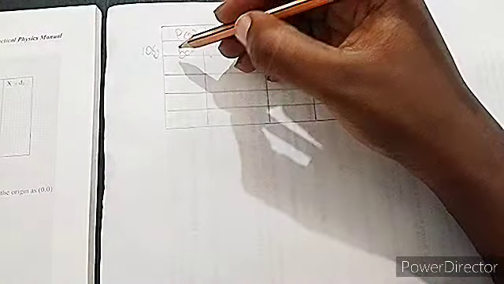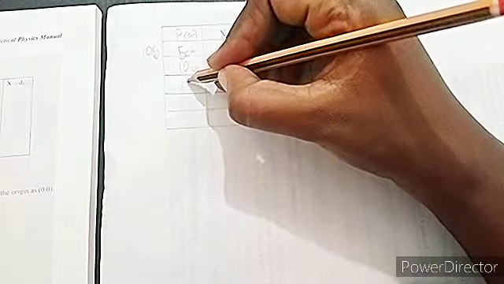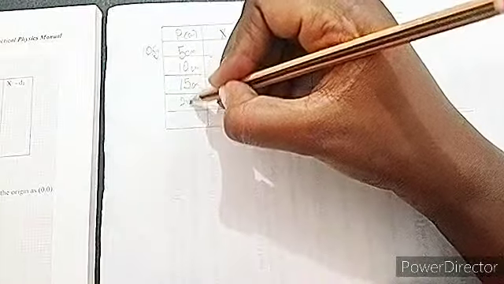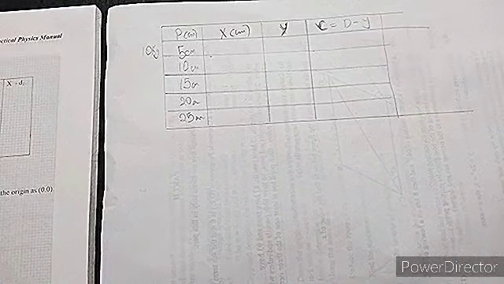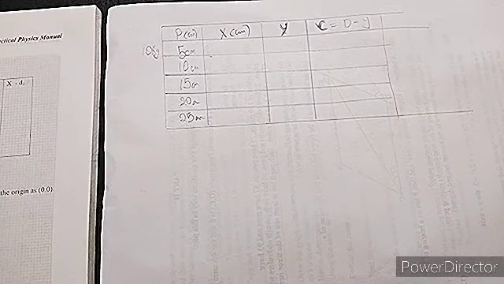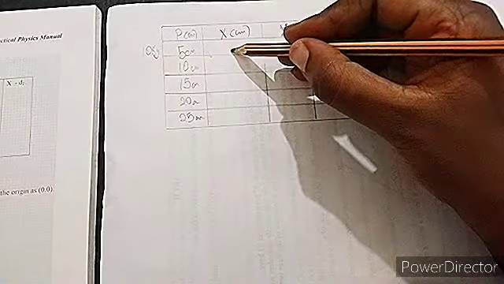So with a mass of 10 kg, we're going to check the distances for 5 centimeter as given in the question. If it's given, probably 5 centimeter, 10 centimeter, maybe 15 centimeter, 20 centimeter, and 25 centimeter. All right. So x is the distance. So when we balance it, we'll have a distance.